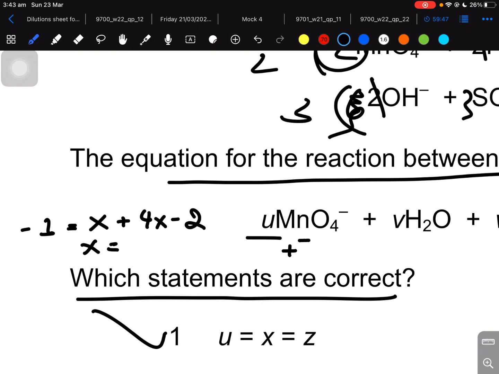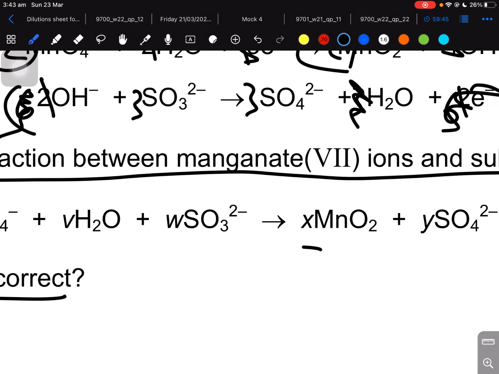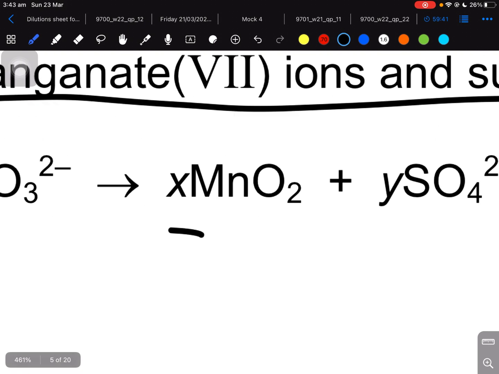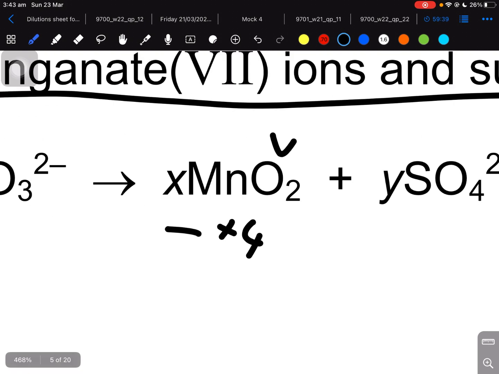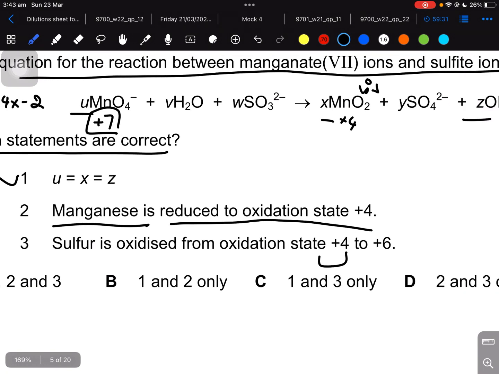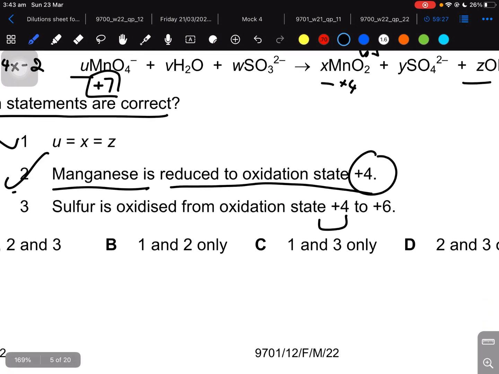That's really something you have to memorize. I mean, you memorize it by practicing, but if you don't know, you can just work it out. It's easy. Then here it's going to be +4 because 2 -2's, and it says total of 0, so it's +4. So to oxidation state +4, that's true.